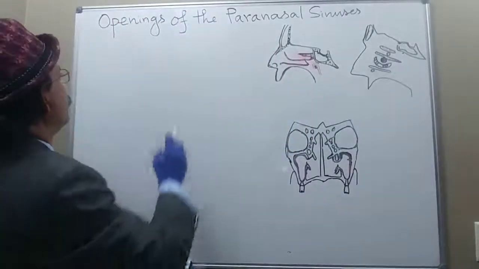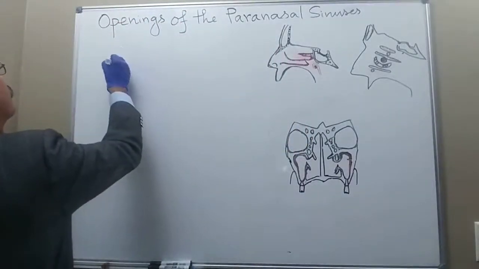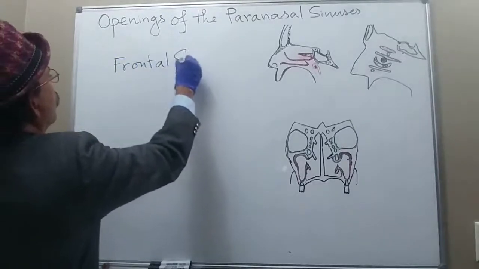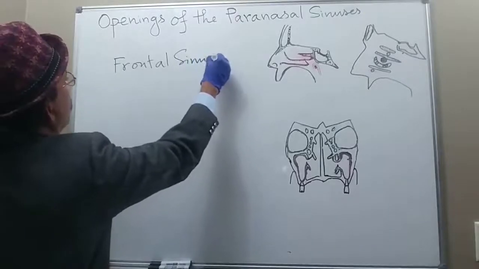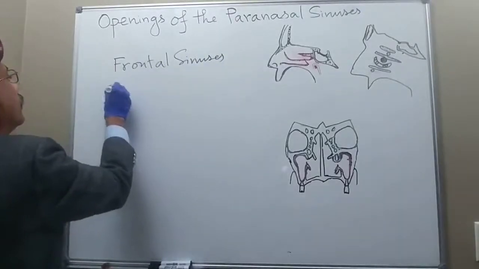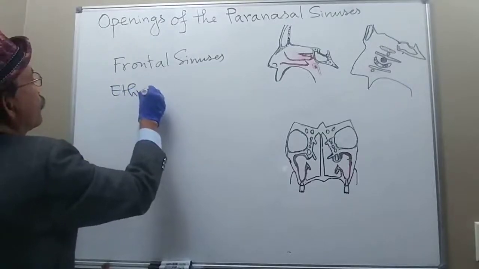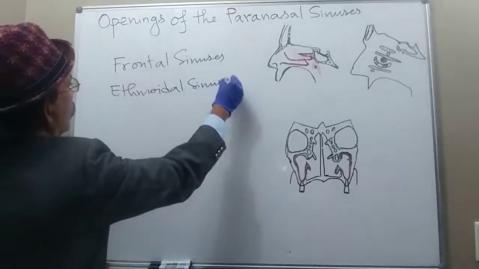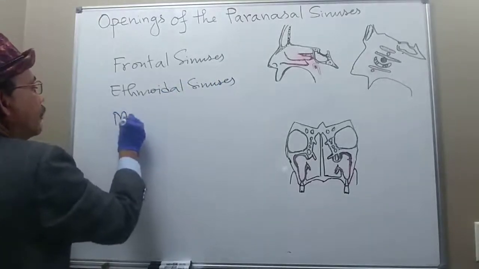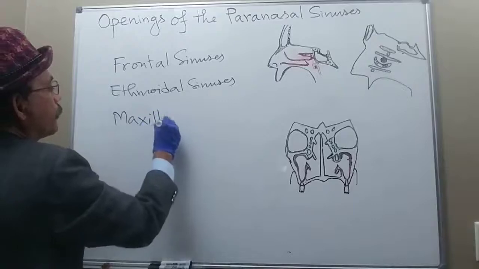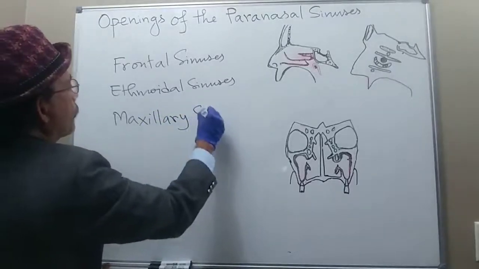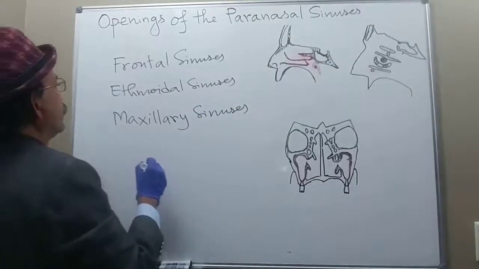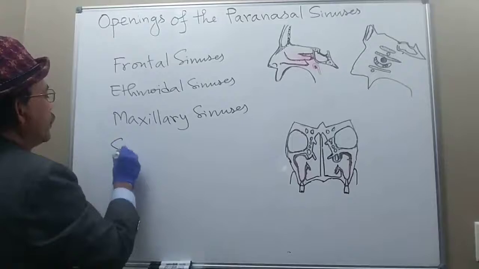So if we go there, we have the frontal sinuses, the ethmoidal sinuses, the maxillary sinuses, and the sphenoidal sinuses.